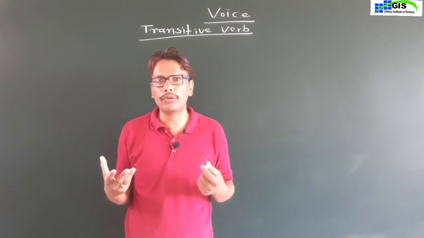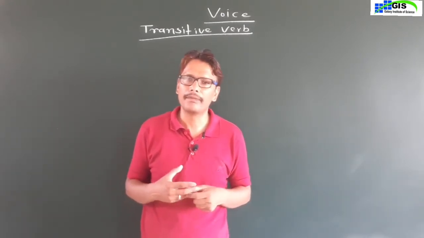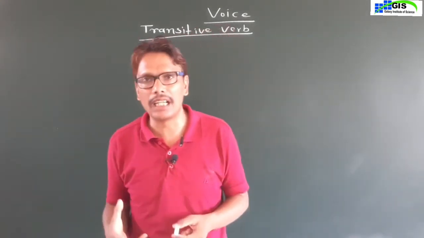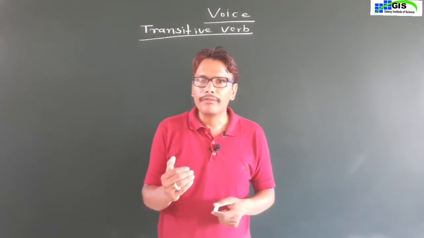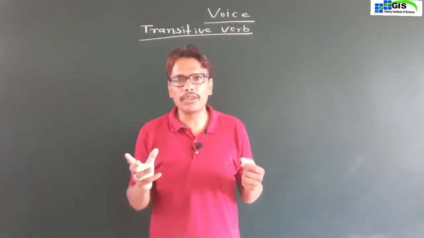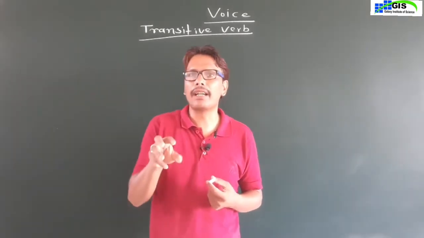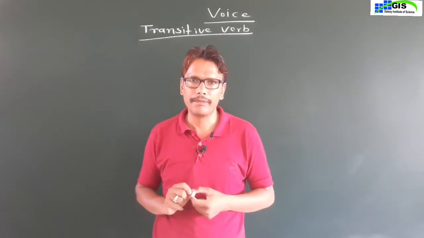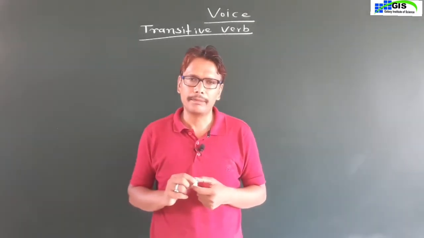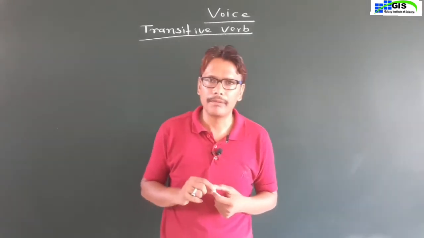If we do not know that the Taj Mahal was constructed by Shah Jahan, we will not say the sentence Shah Jahan constructed the Taj. If we know, we will say Shah Jahan constructed the Taj. But if we don't know who constructed the Taj, then we can say the Taj Mahal was constructed in Agra. We will not mention the constructor, the name of the king Shah Jahan.